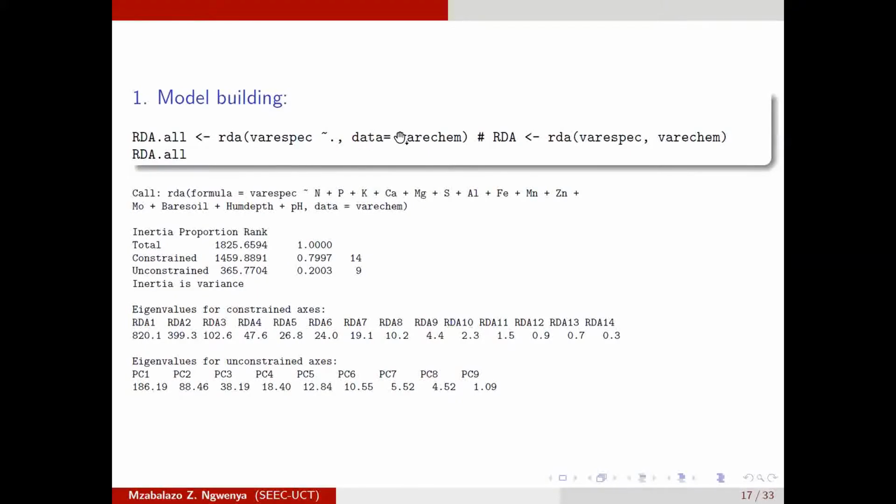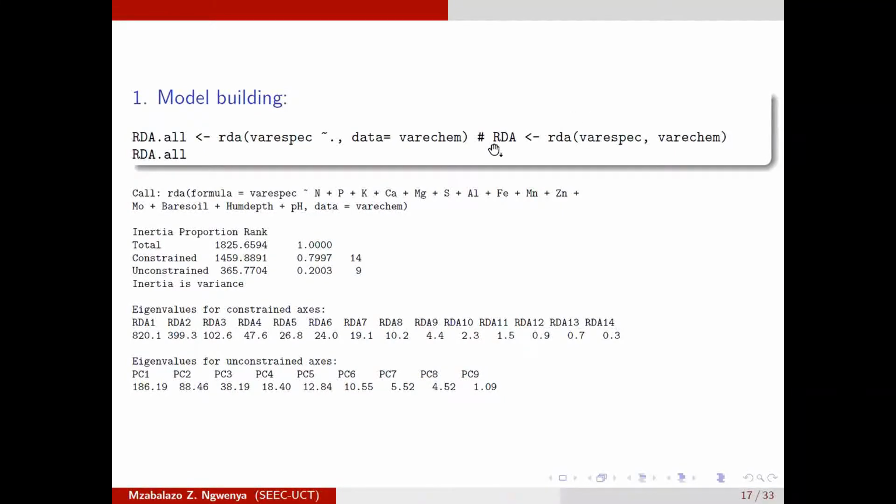If you want calcium, you just type them in there. But here, as a starting point, we're using all the environmental variables. It's best to do it this way via a formula, but RDA also just takes the L and your R matrix in this form, and will still perform your RDA.